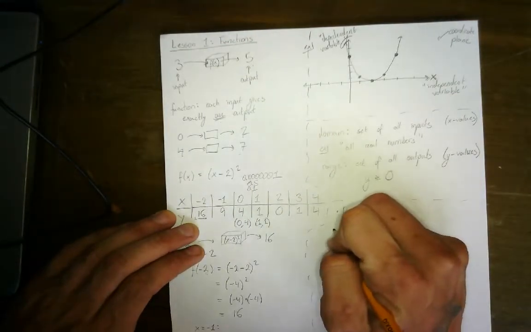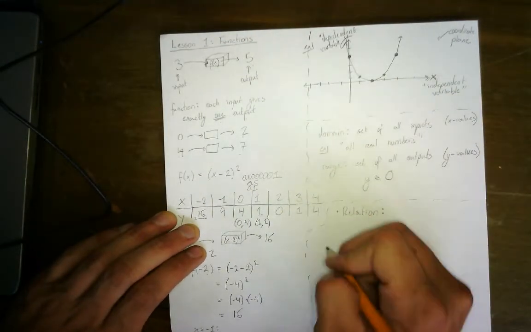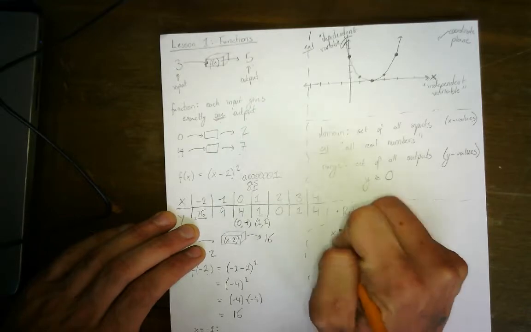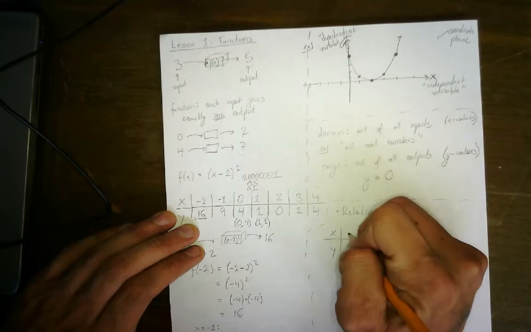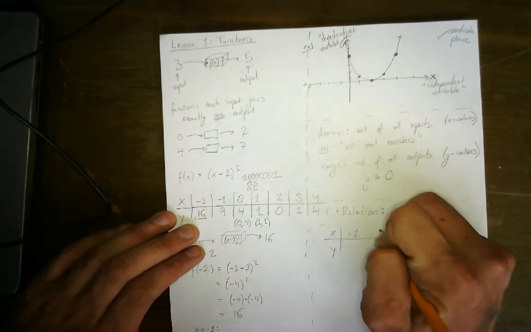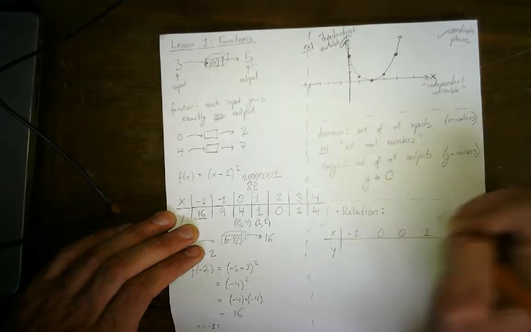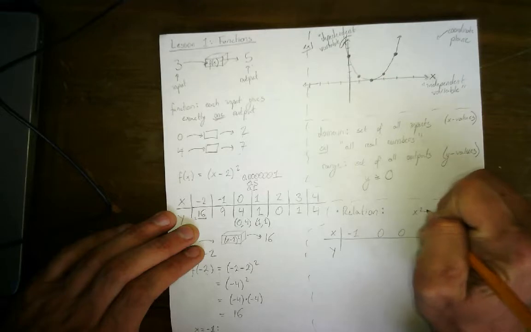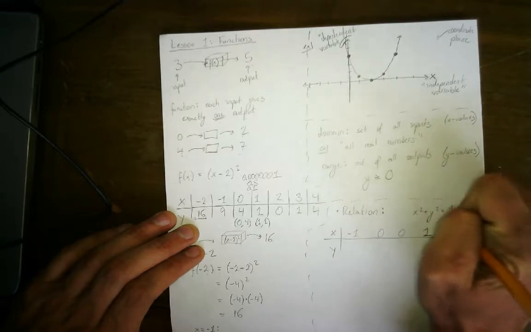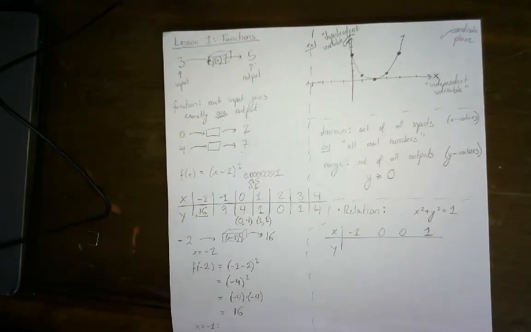So maybe in this example, we could do our XY table. And I'm going to choose some x values. This will make sense in just a minute. And I have x squared plus y squared equal to 1 as my function.